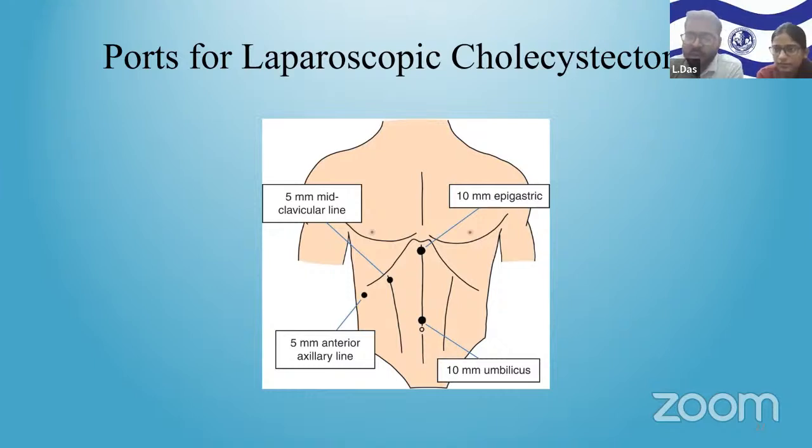Sir, increased IAP can also push upon the diaphragm, make it more cephalad, decrease the thoracopulmonary compliance, and increase the airway pressures.